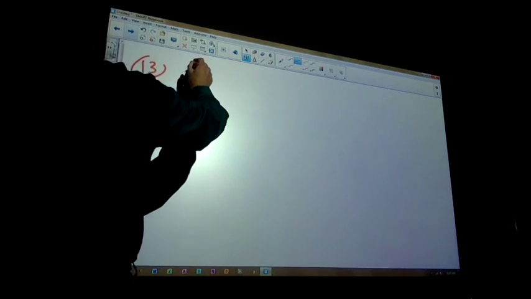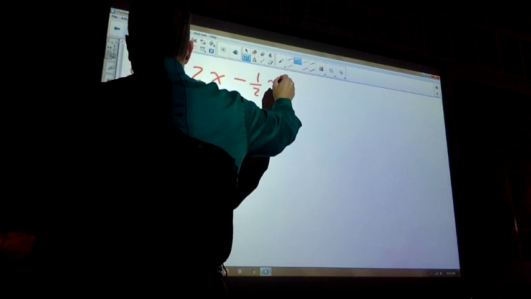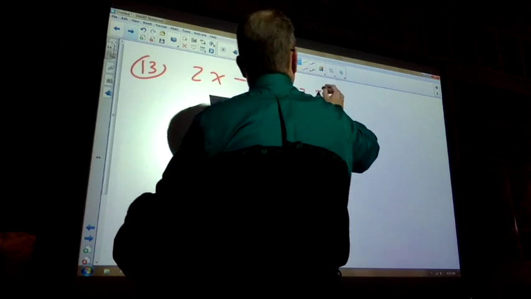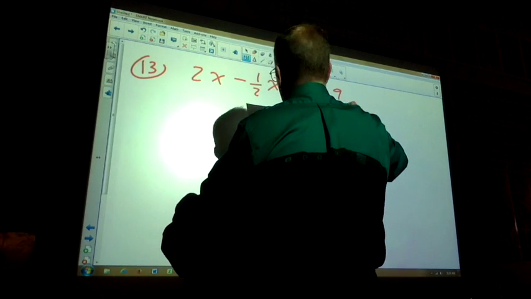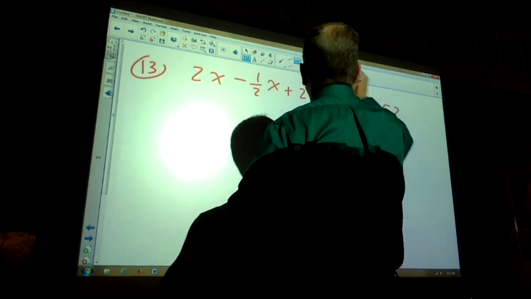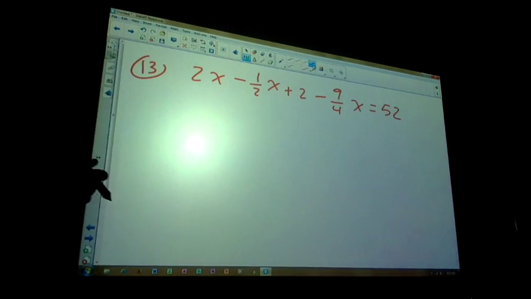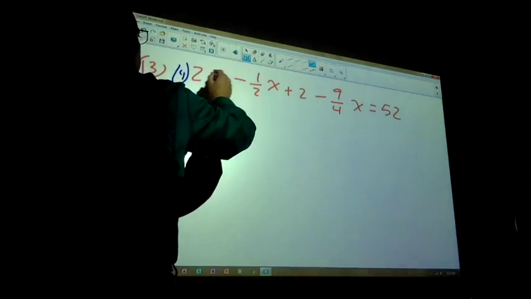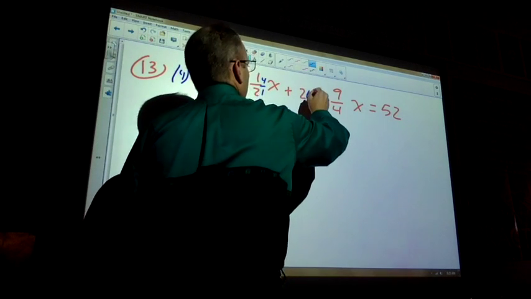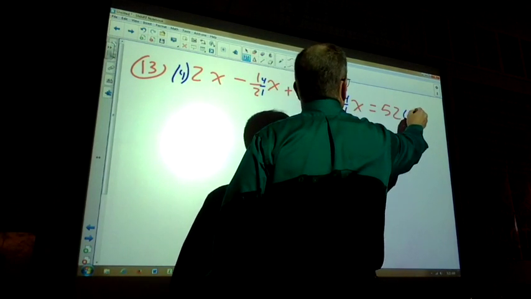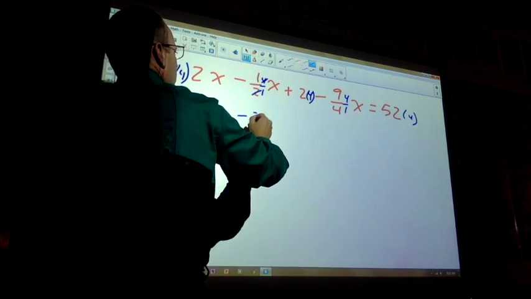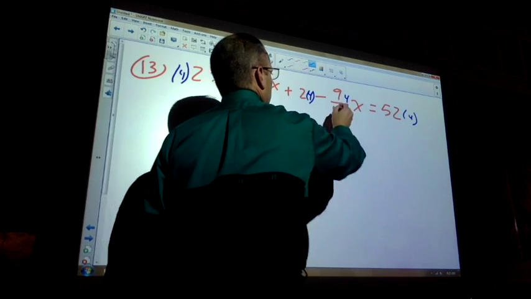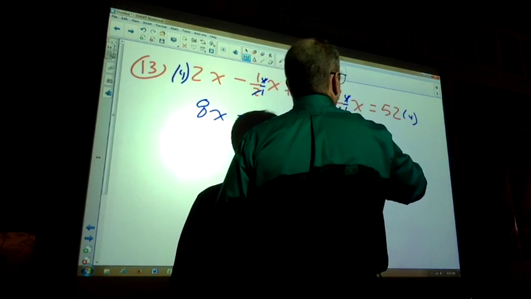Number 13. 2x minus 1/2 x plus 2 minus 9 over 4x equals 52. What should I multiply all 5 terms by? 4. So that's by 4 over 1 for each term. That gives me 8x minus 2x plus 8 minus 9x equals 208.